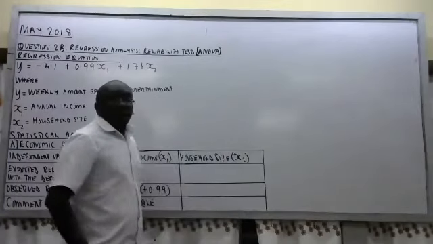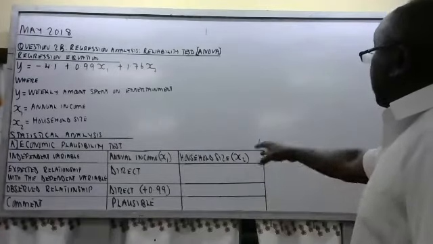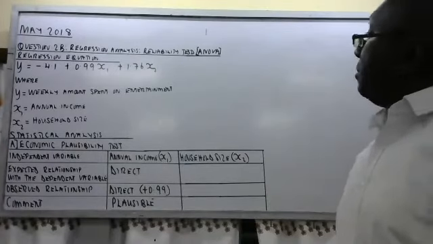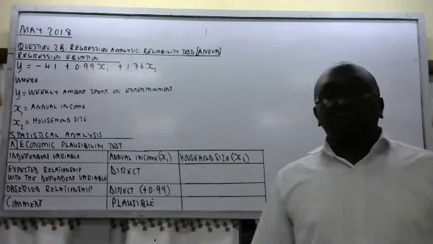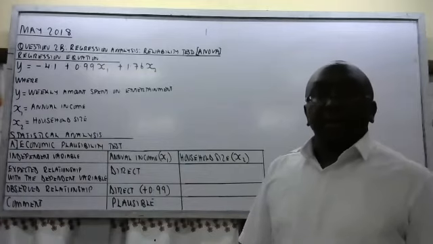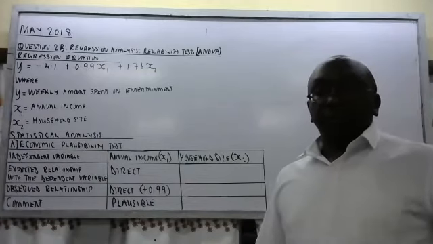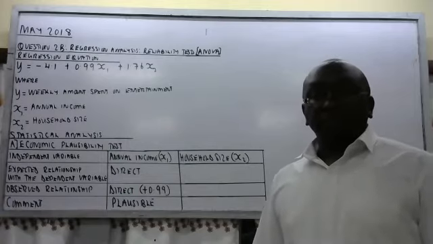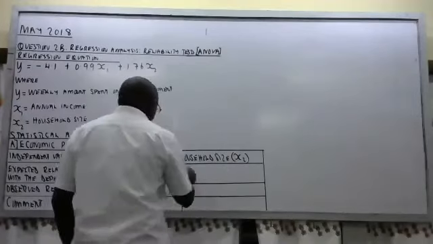Then, what would you expect to see between household size and amount spent? Is it direct or inverse or no relationship? What would you expect to see? Direct also, yes. It is also going to be direct.